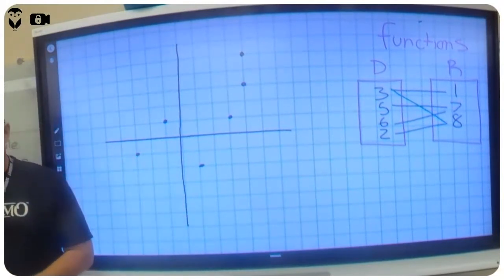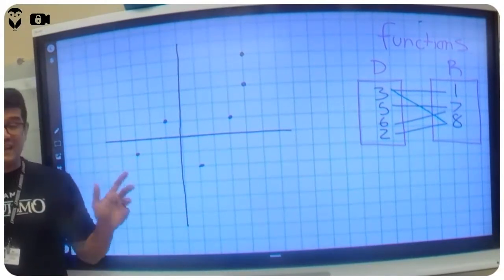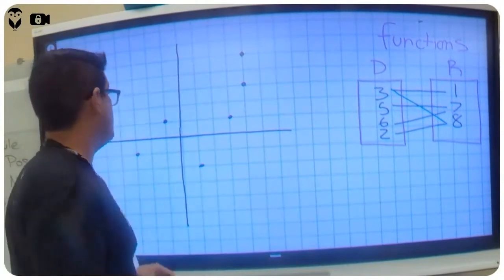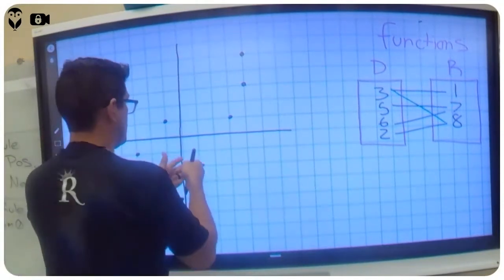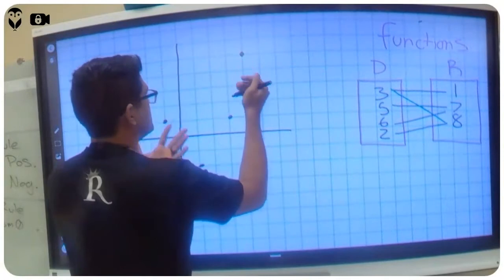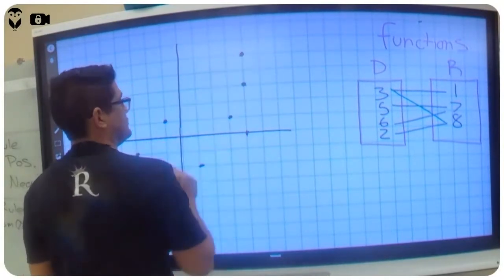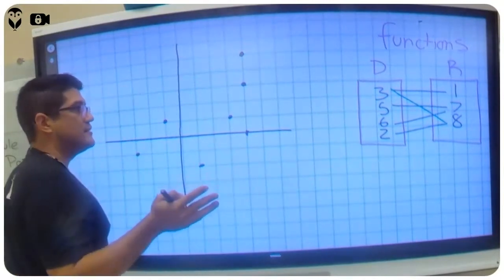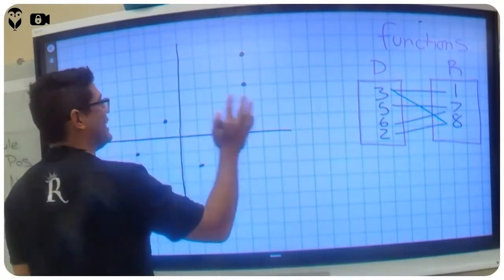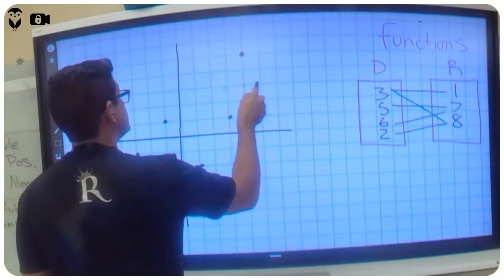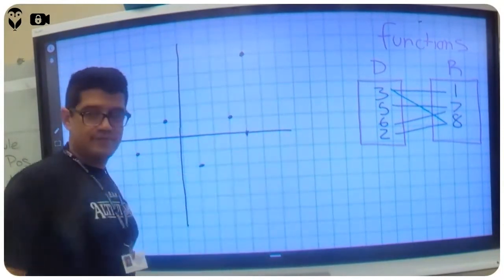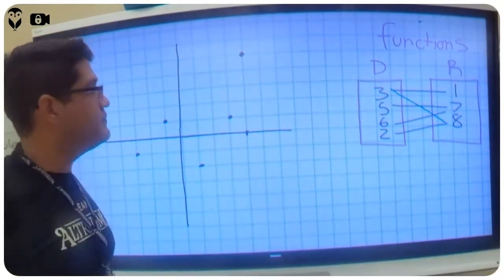So if it's not connected, you still can tell me if it is a function or not. Okay? Here we go. Ah, I see a mistake. This X right here has 2 answers. That's not allowed. Okay? So this is not a function. But if I erase this, totally a function. No issue at all. Okay?